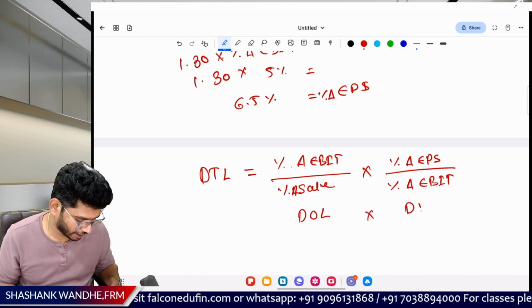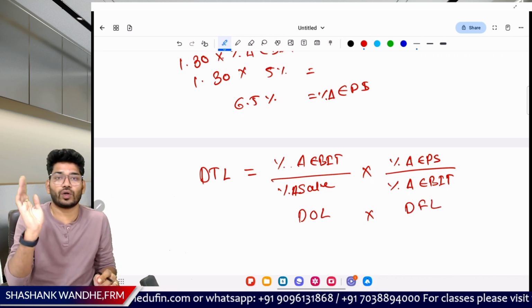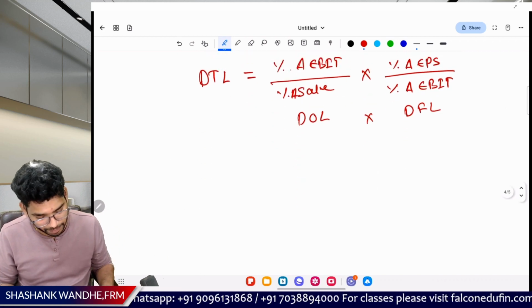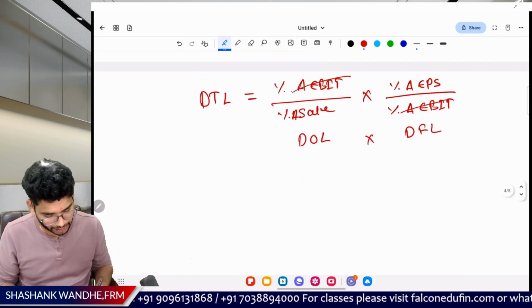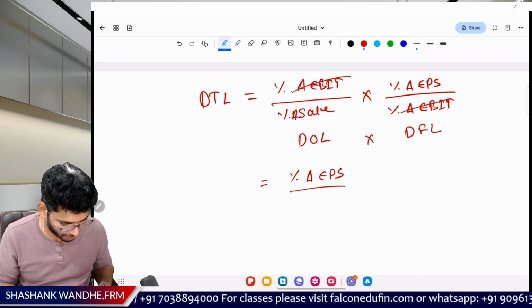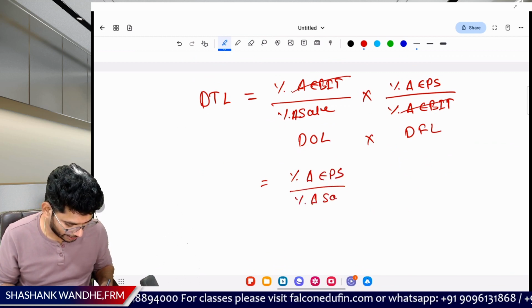This is your degree of financial leverage. And we know the DTL is equal to DOL multiplied by DFL, degree of operating leverage and degree of financial leverage. So simply multiply it, this will get cancelled, and finally you will get the formula: percentage change in EPS divided by percentage change in sales.